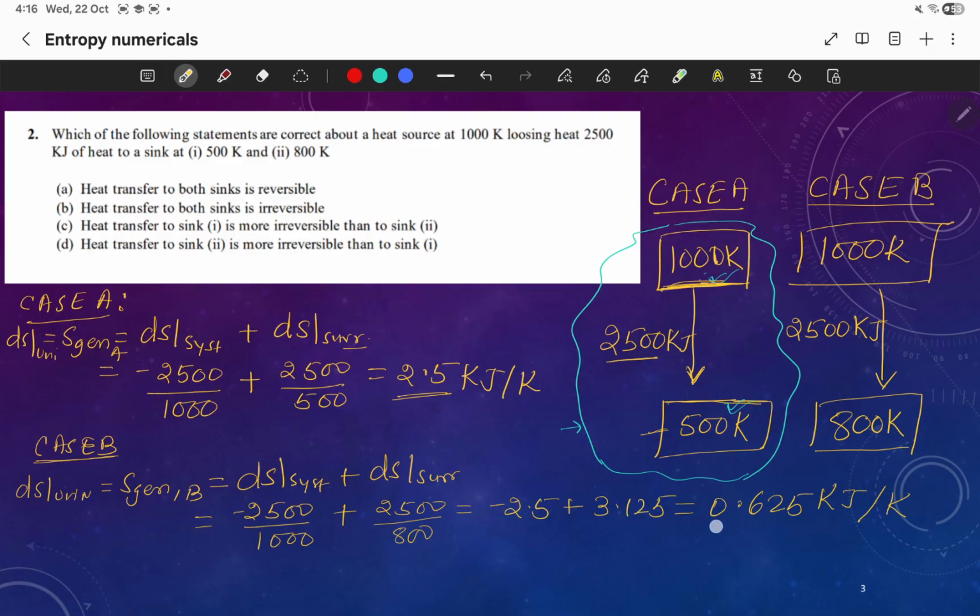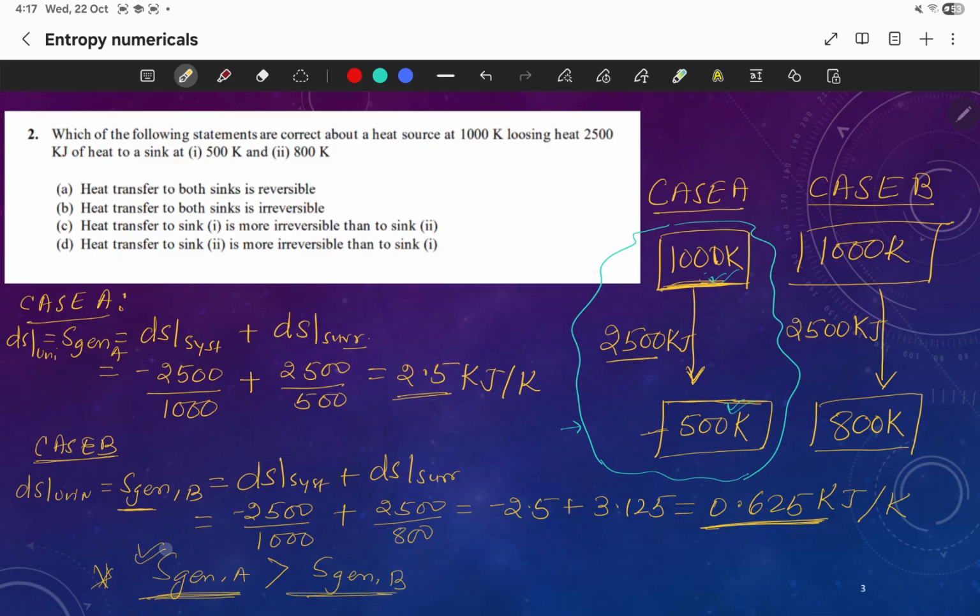Okay, now you can see the entropy generation in B is less than entropy generation in A. Okay, so what is the conclusion? That S generation in A is greater than S generation in B. What does this mean?